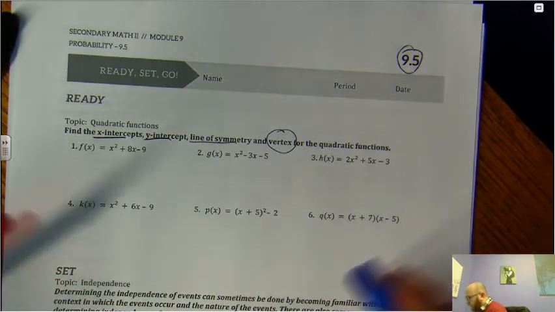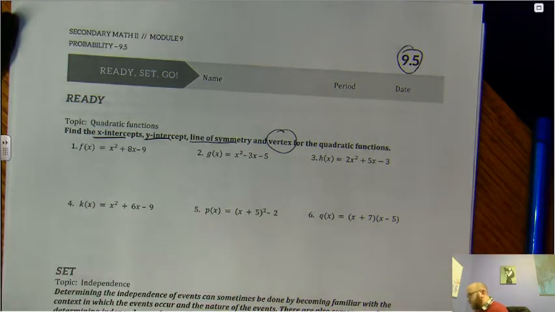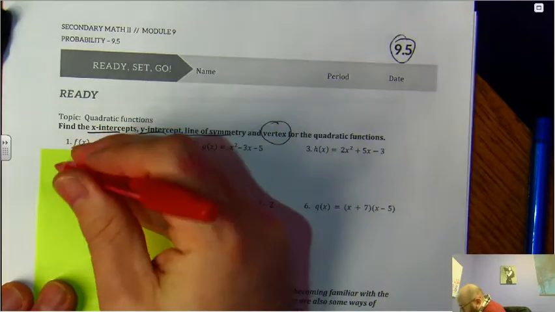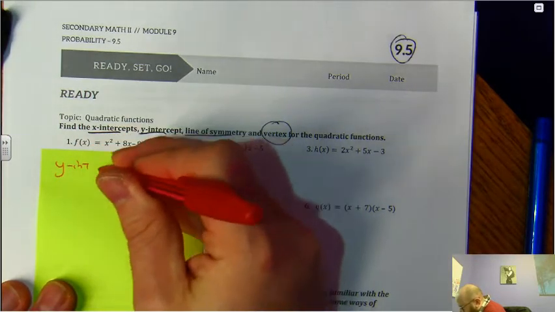So when I'm looking at this first problem here, x squared plus 8x minus 9, and it wants us to find the x and y-intercepts, I'm going to start with my y-intercept because it's just easier, because the y-intercept is where x equals 0.